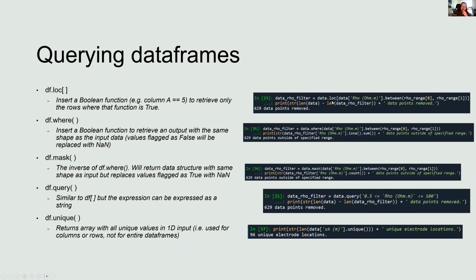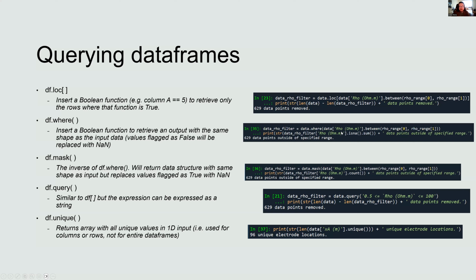So you're using the .loc, specifying the column, and then .between, with the first value of my range and then the second value. What this will do is look through your data frame and return any rows where the resistivity values are between those two values. And now I'm just checking how many data points we got. 629. Cool, love it.